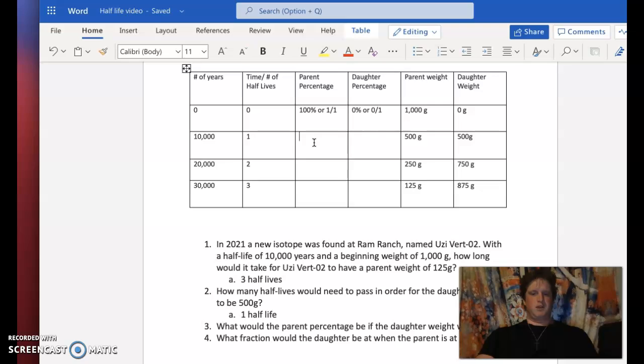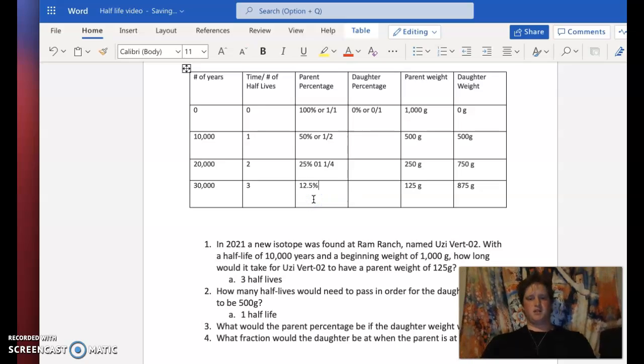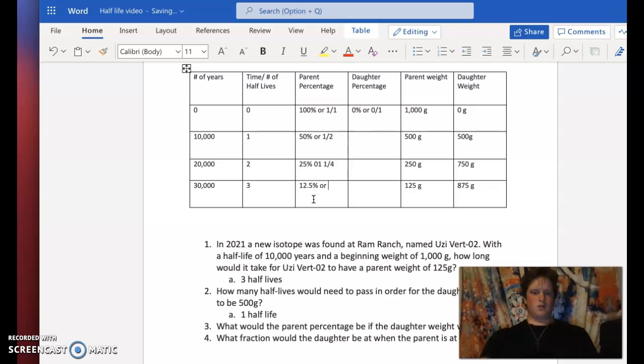So this one would be 50% or 1/2. This one would be 25% or 1/4. And this would be 12.5% or 1/8.